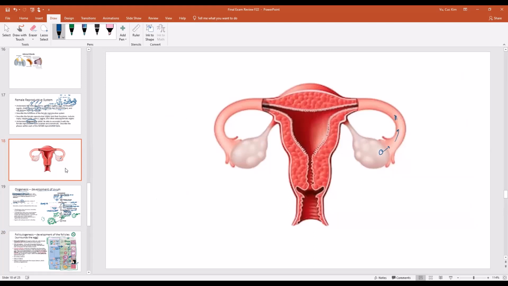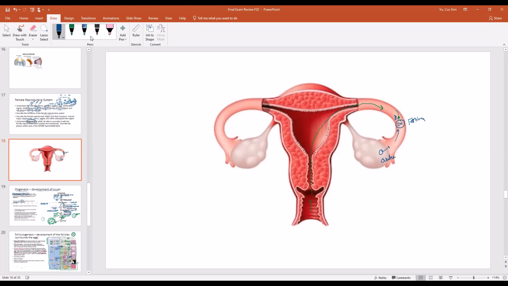And as it moves along, that's where the sperm is going to go up here, and it has to fertilize the secondary oocyte right here. And that's why ovulation must happen first, and then fertilization.